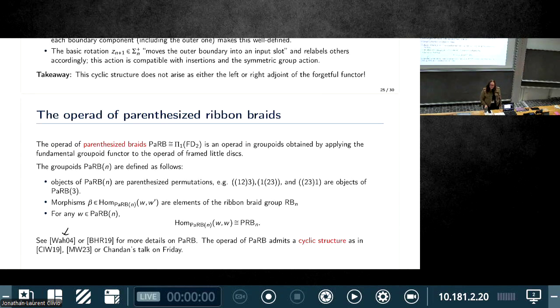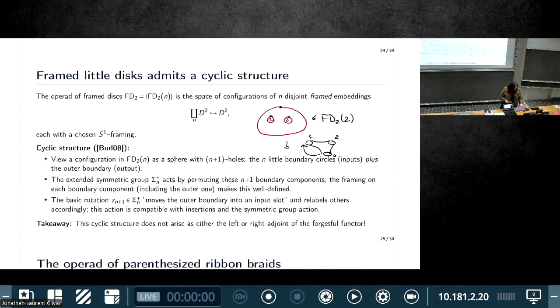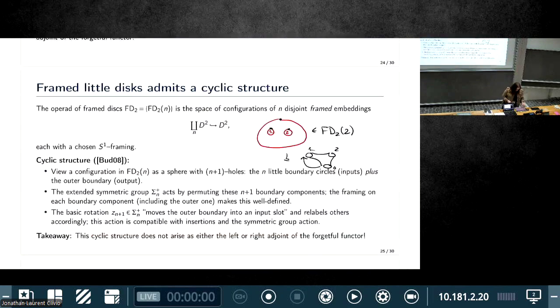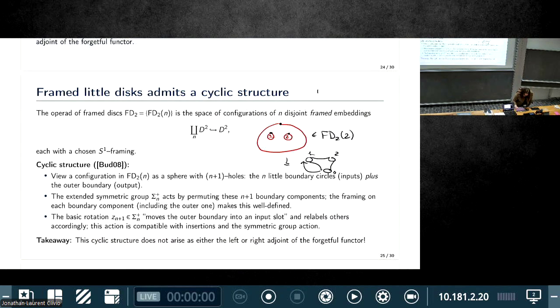Let's go back to this last cyclic action on the framed disks. I mean, you're sort of changing the model of the framed disks, right? Exactly, you change the model. What Bundy does explicitly, and the cyclic structure on surfaces that I'll be talking about, is sort of what I'm drawing. But what Bundy does is he embeds this into the sphere.